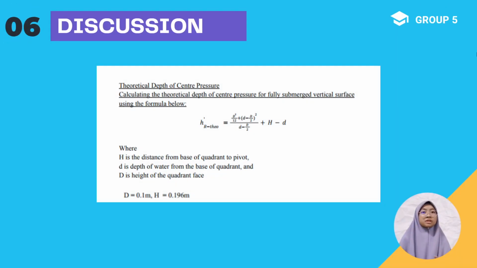While for the fully submerged vertical surface, we will use the formula of capital D squared over 12 times small d minus capital D over 2, plus small d minus capital D over 2, plus capital H minus small d, where the capital H is the distance from the base of quadrant to pivot, small d is the depth of water from the base of quadrant, and the capital D is the height of the quadrant face, where the capital D is equal to 0.1 meter and capital H is equal to 0.196 meter.